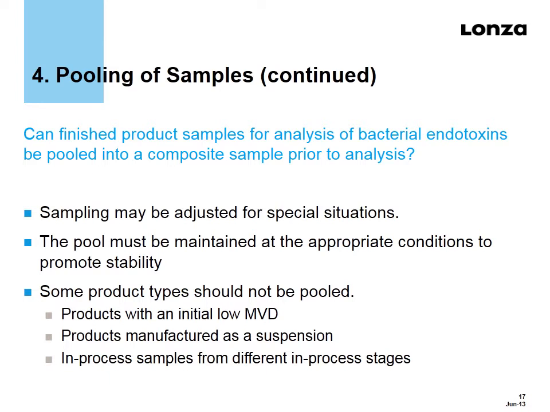The appropriate storage conditions must be determined on a product-by-product basis, as was discussed under sample storage. For example, for an initial low maximum valid dilution, if pooling 3 samples and the MVD is 1 to 3, you might be testing right at the MVD. Products manufactured as a suspension may have sample homogeneity issues which may present significant interference issues, and it would be extremely difficult to ensure the homogeneity of the samples.